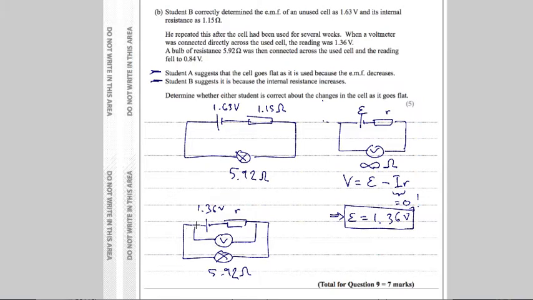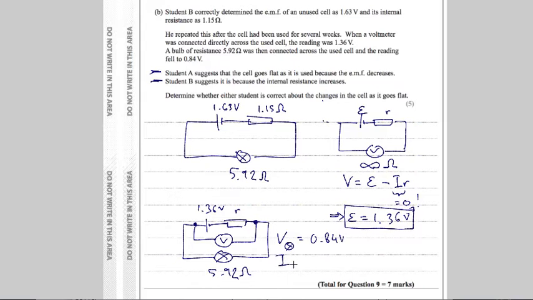Well, if we have a voltmeter connected like this, it's measuring the voltage across the cell, but it is also measuring the voltage across the light bulb, right? You can think of these 2 points as being on either end of the light bulb. So we know that the voltage in the light bulb equals 0.84 volts.